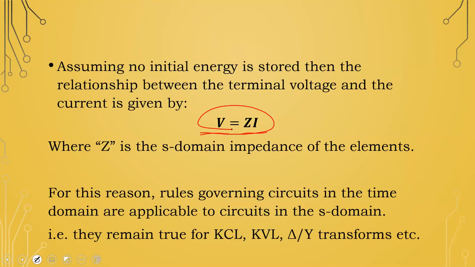So all these principles will remain true. The key, however, is that I must represent the components appropriately in the frequency domain. And by that, I mean L being SL and C being 1 over SC. Are we clear on that?